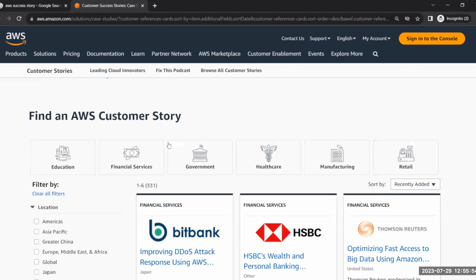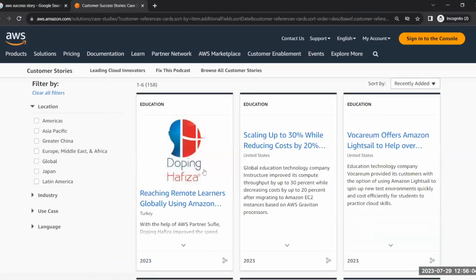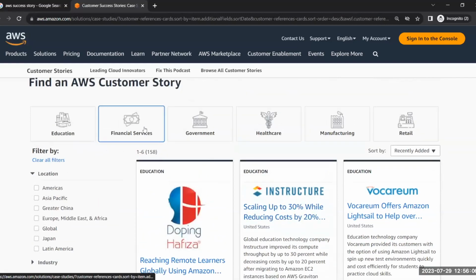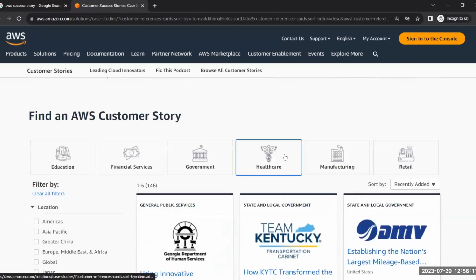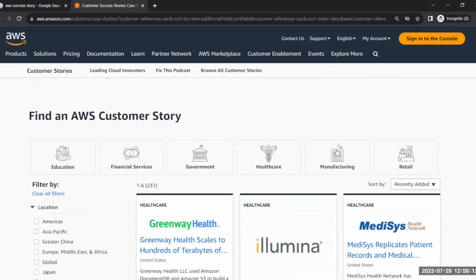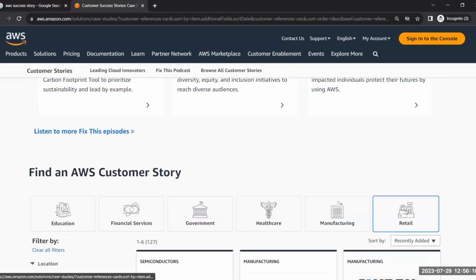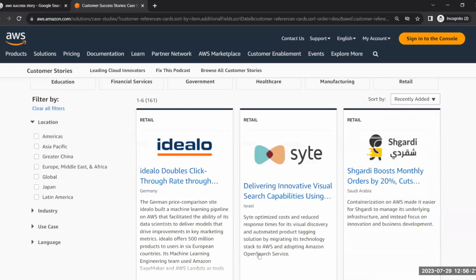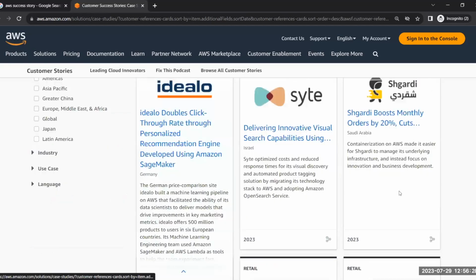So here, as you are seeing on the web page, they are offering different domains: education, finance, government, healthcare, manufacturing, and retail. So to prepare a project, say I'm taking an example of retail.